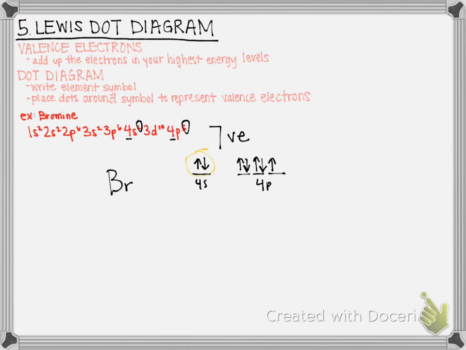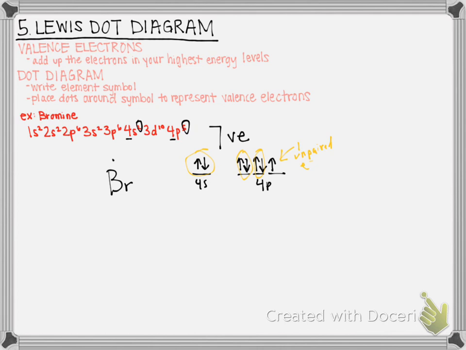So this shows 1 pair, 2 pairs, 3 pairs, and then you've got 1 unpaired electron. So to draw your dots, you need 3 pairs and 1 unpaired.